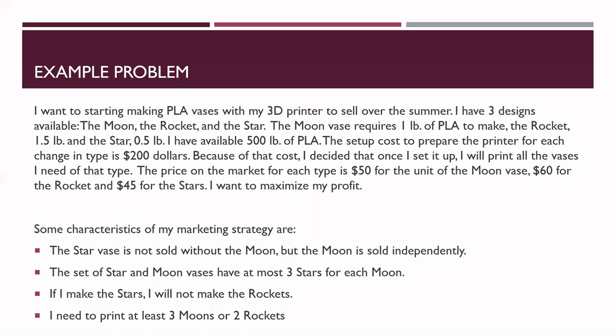There is also a setup cost that happens whenever I prepare the printer to make a specific type of vase. So every time I change, I will have to pay $200.